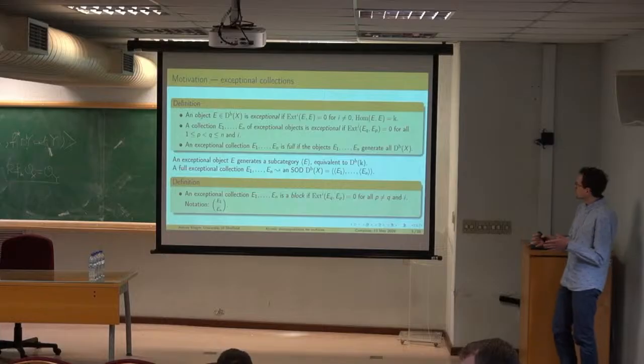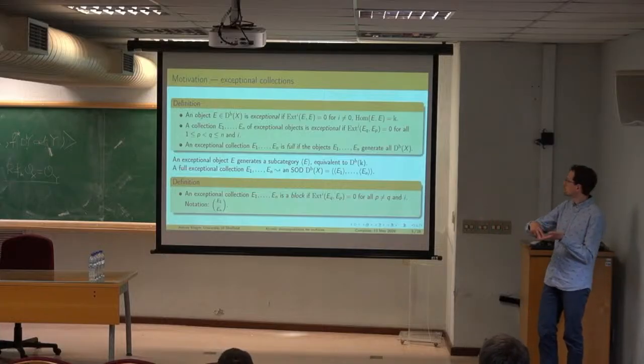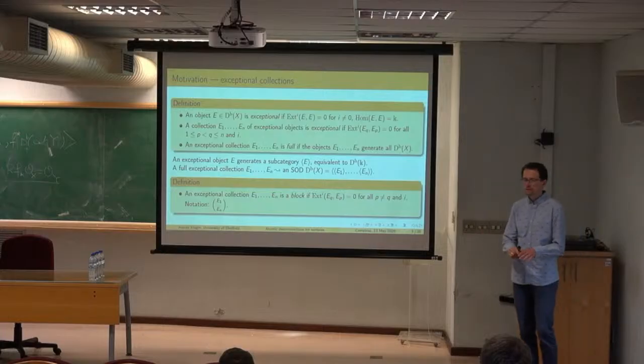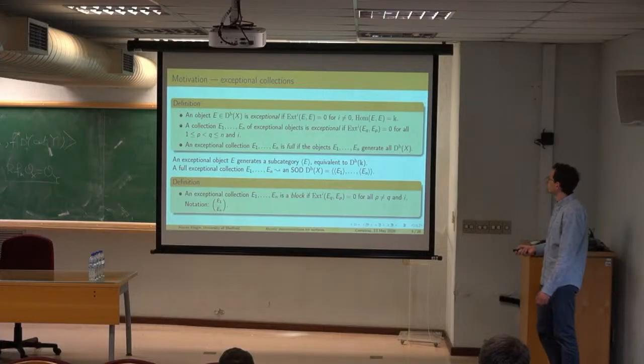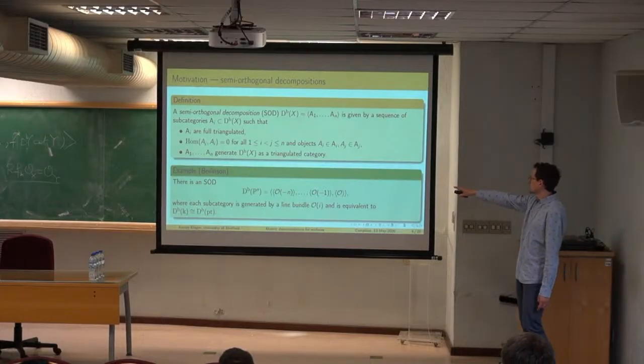A collection of objects is exceptional if there are no Homs from right to left, and the objects are exceptional. Finally, an exceptional collection is full if these objects generate the whole derived category. Here is an example of an exceptional collection: line bundles on P^n from minus n up to 0.